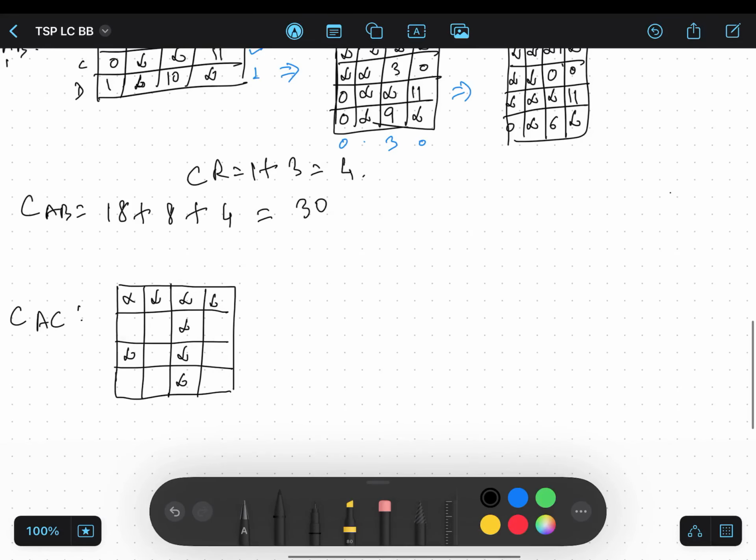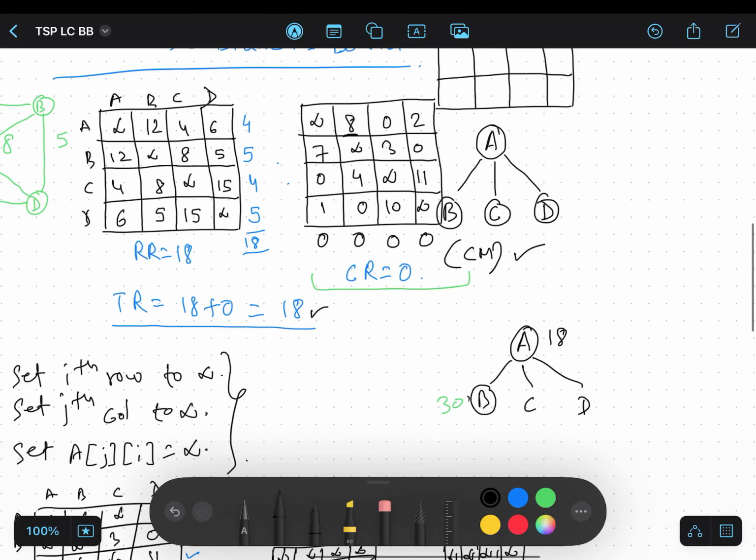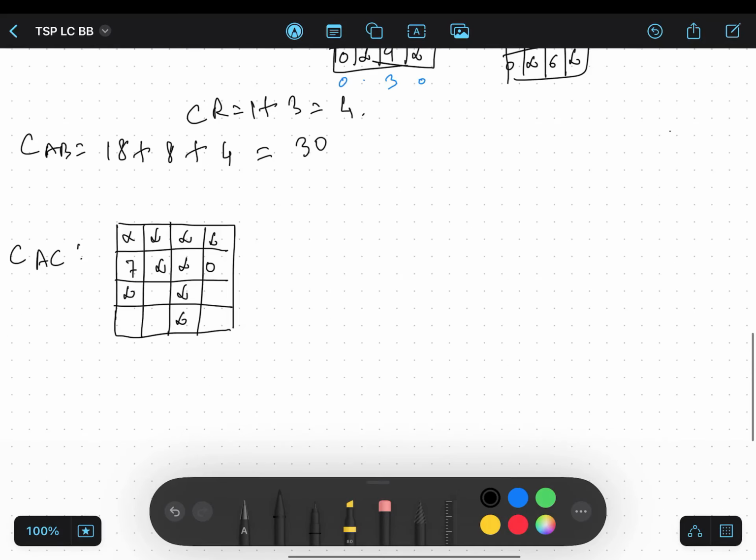So the current matrix is 7, infinity 0, 0, 4, infinity 11, and 1, 0, infinity.